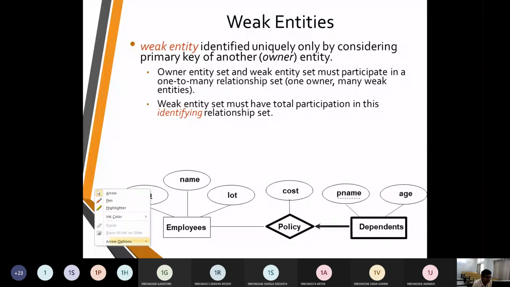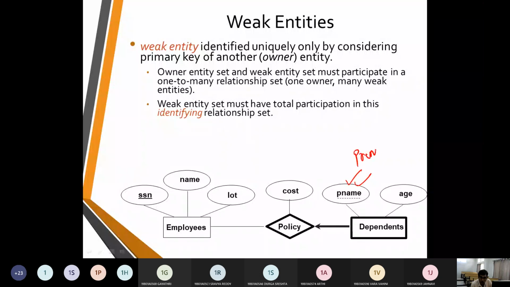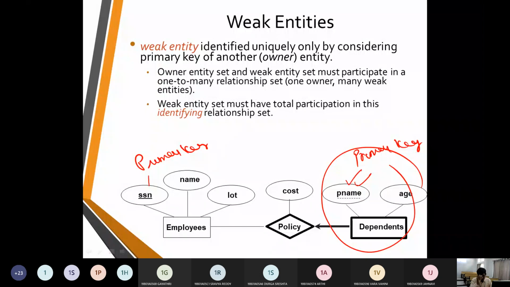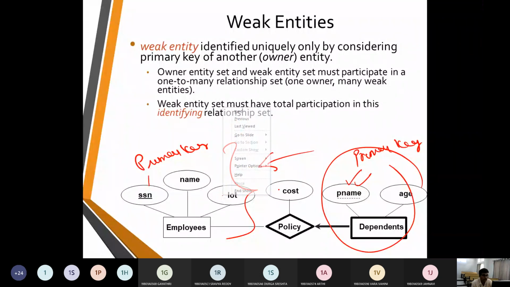In this weak entity set, the policy number will be a primary key, no doubt about it. But when is this primary key active? As long as it is dependent on the employee, this primary key is active.